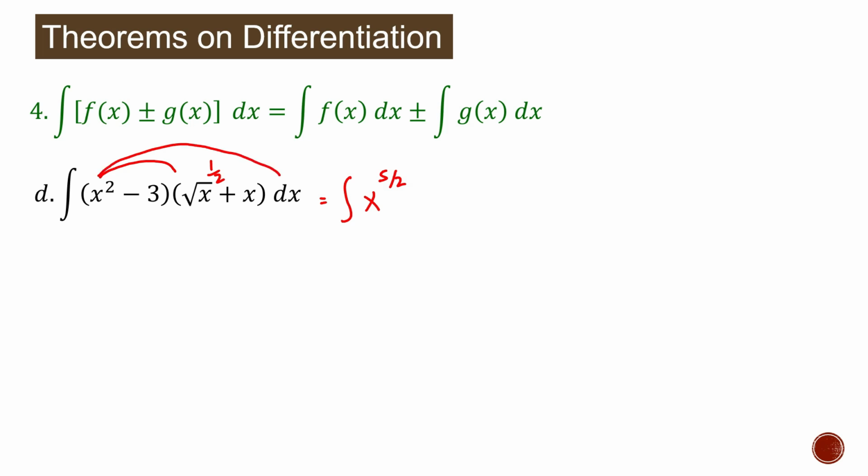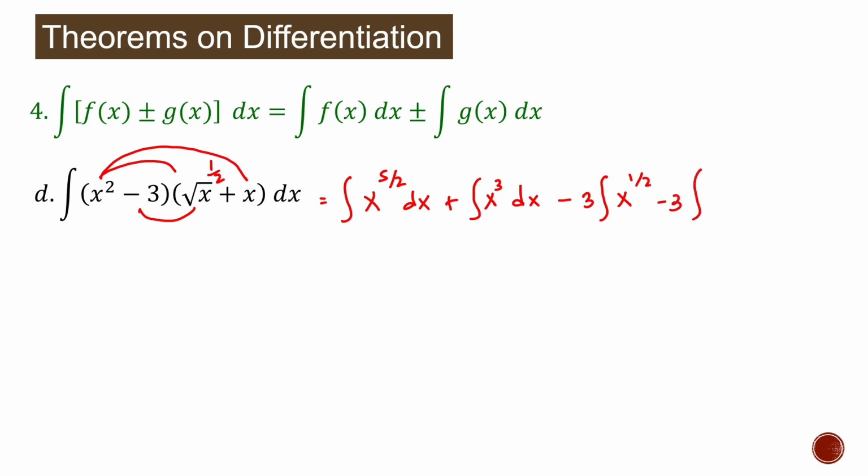Then x squared times x, plus x cubed dx minus 3 x raised to 1/2 minus 3x dx. All right.